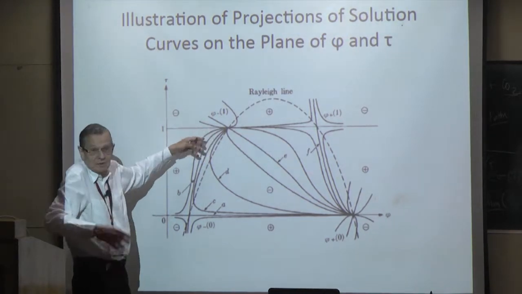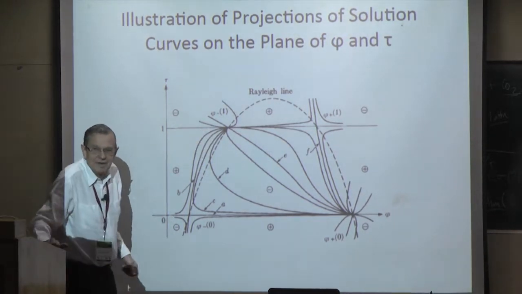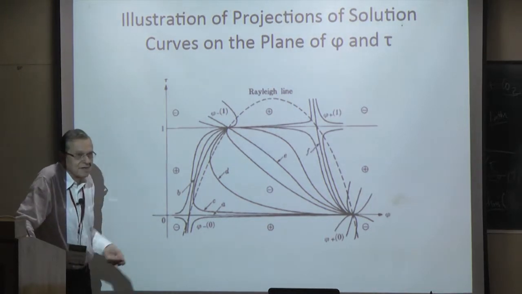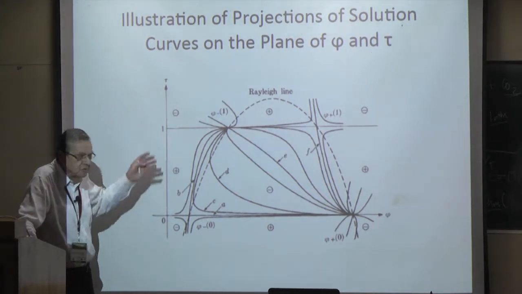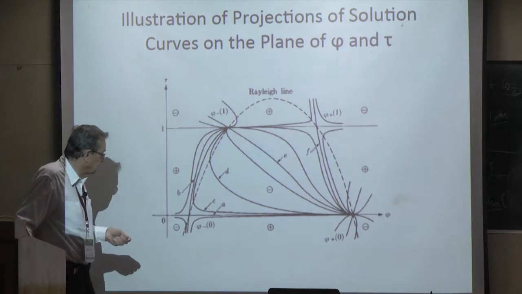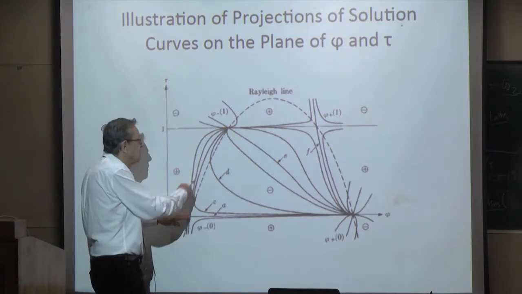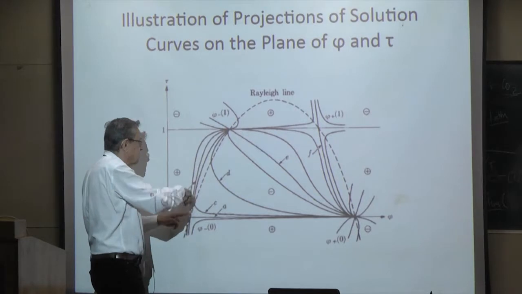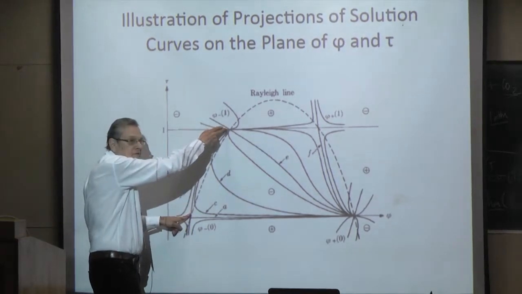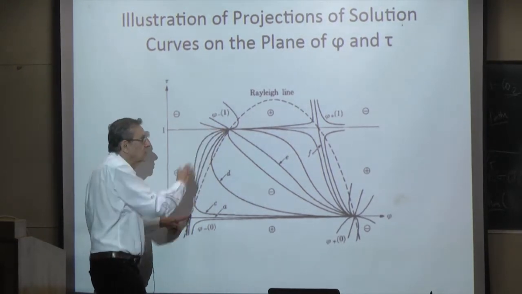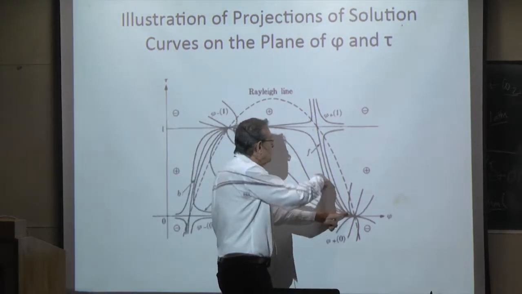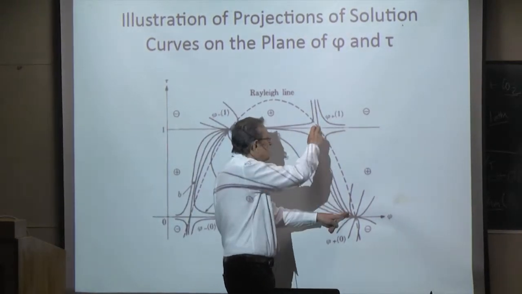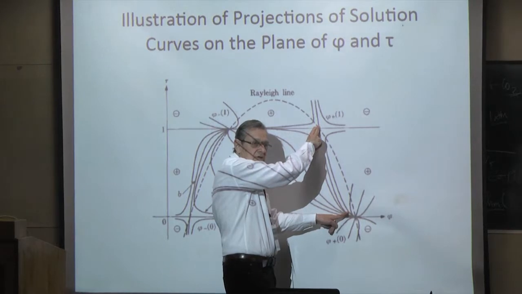Solutions exist only once you satisfy the cold boundary, once you circumvent the cold boundary difficulty, which Professor Seshadri discussed. There is just one deflagration velocity for which you can go from here to here. Correspondingly, there would be only one velocity for which you could have a weak detonation.